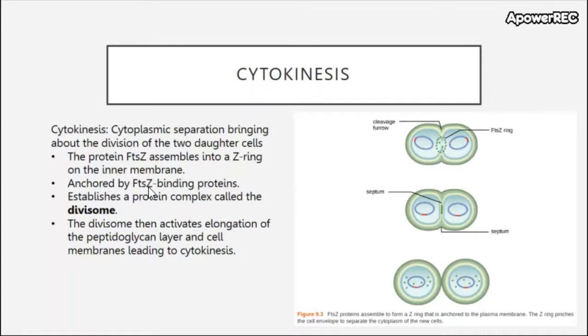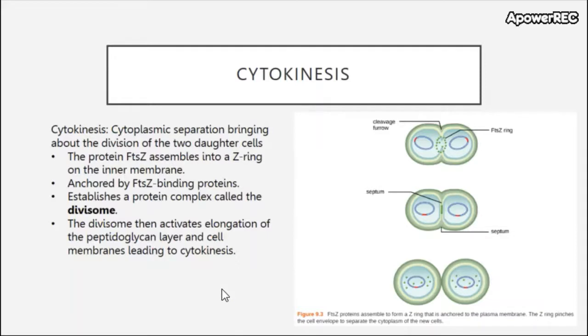It's anchored by these FtsZ binding proteins, and it establishes a protein complex, which is called, cleverly, the divisome. And this divisome then activates the elongation of the peptidoglycan layer and cell membranes, leading to cytokinesis.